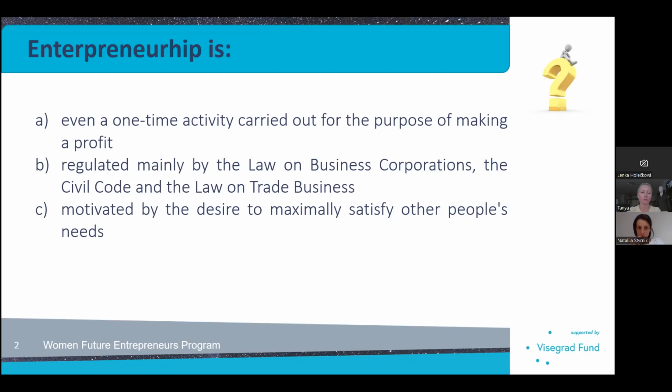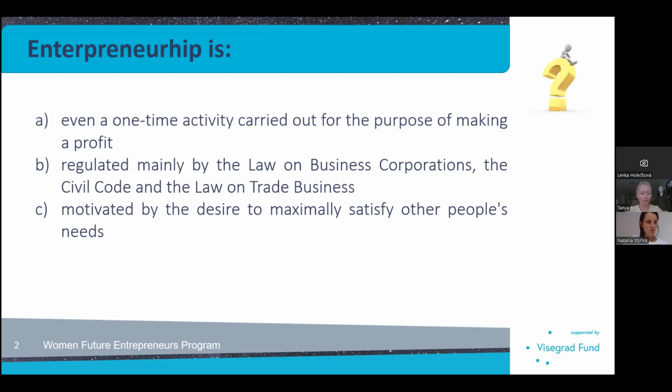We have here a few choices, and just one is correct. You have time to read it first, and you can think about the correct answer.